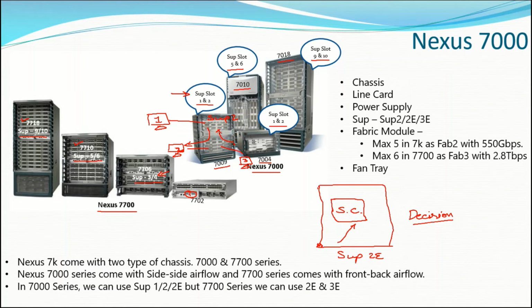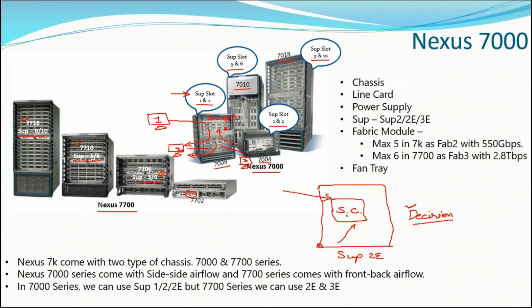It is redirected to your system controller, which already knows that the supervisor engine decided where server 2 is connected. So the system controller will give you this information and pass the traffic directly to server number 2.